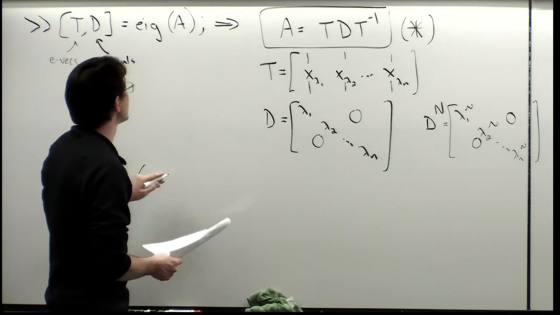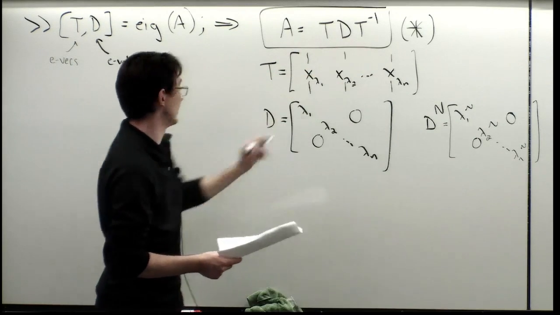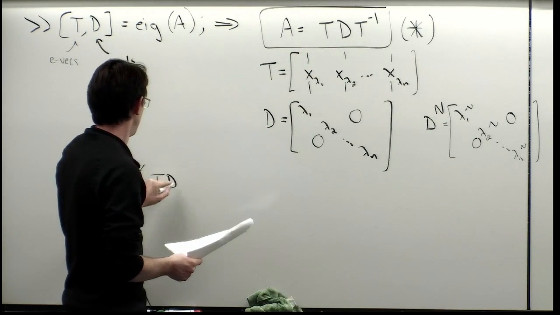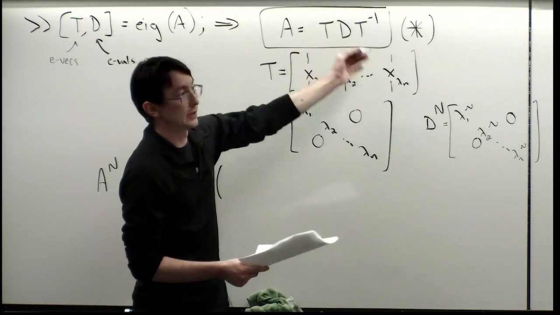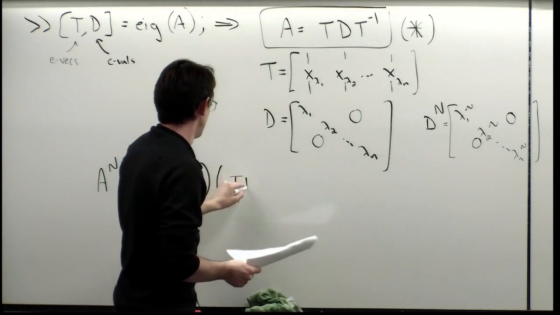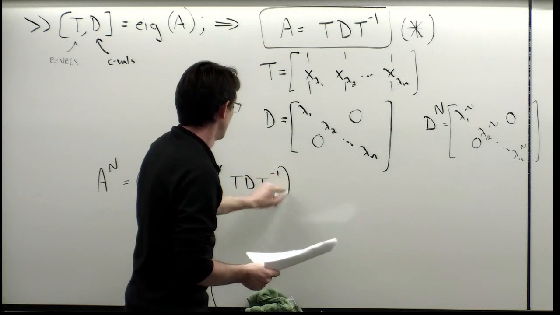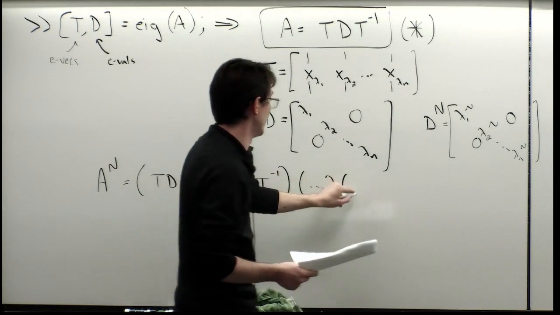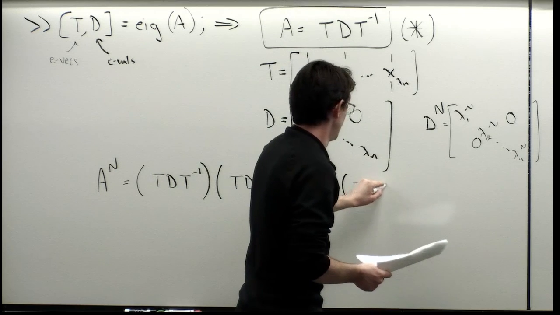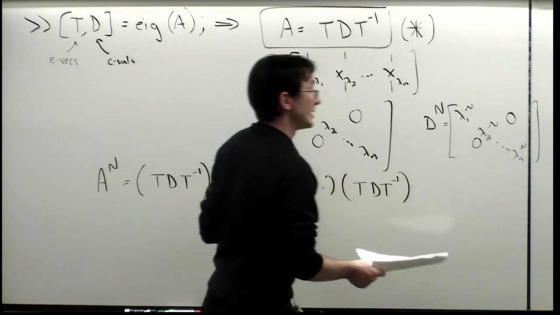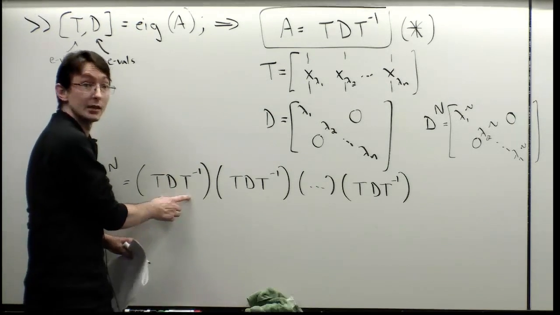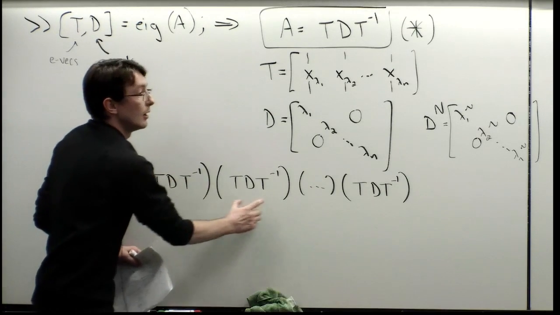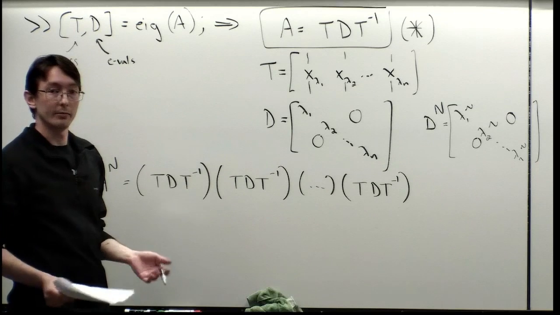This equals T times D times T inverse times T times D times T inverse, times the same thing n times. I just take n copies of A, and A equals T times D times T inverse, and I multiply it that many times.